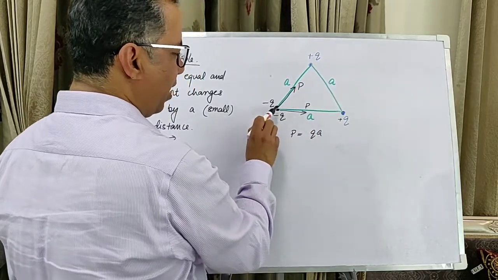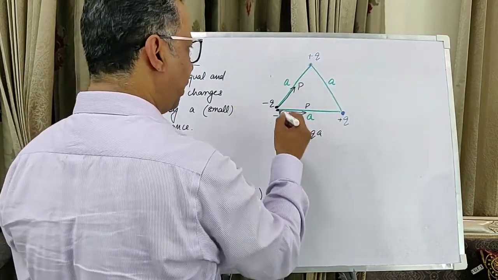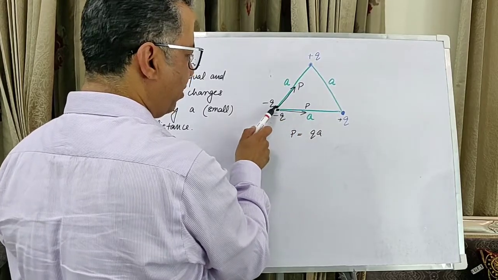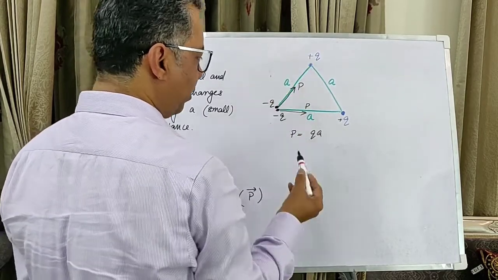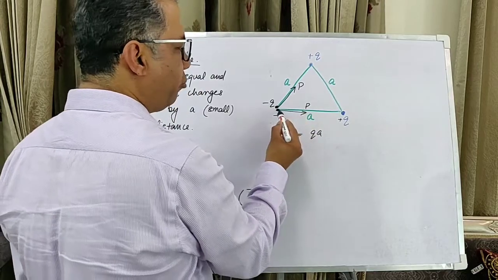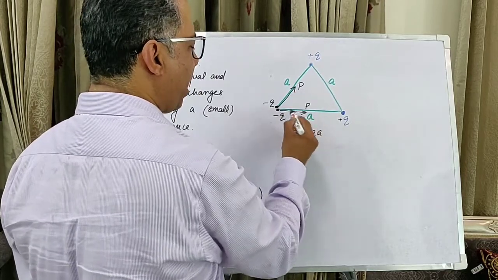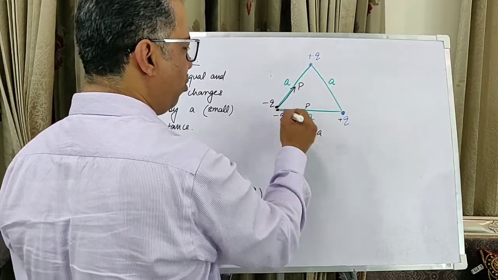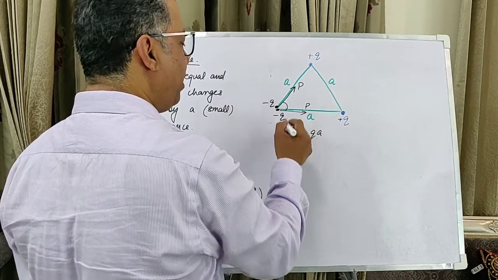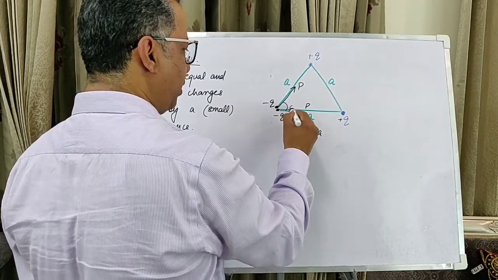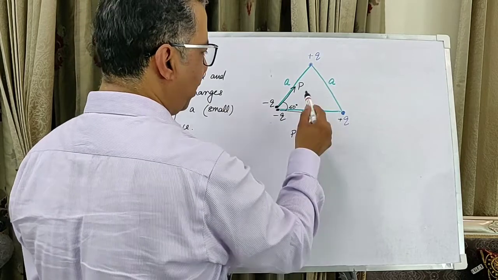But now this one is directed this way, from this negative charge towards this positive charge. So we have 2 dipoles, each of dipole moment P. The angle between them is 60 degrees.